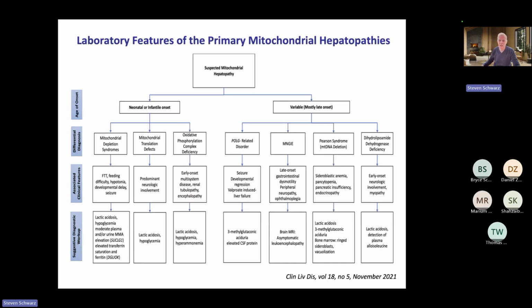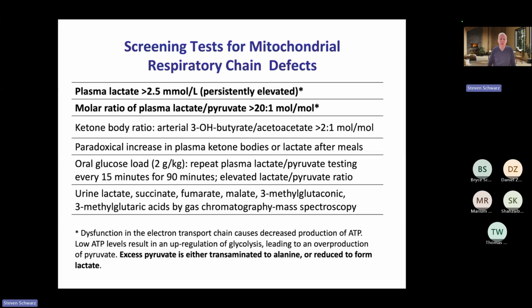And again, here's our friend, the POLG disorder. Again, valproate-induced liver failure. You're likely not going to see this patient until this patient presents with liver failure. Again, the screening, I can't emphasize too much, is a persistent elevation in your plasma lactate, an increase in the molar ratio of lactate to pyruvate, and the ketone body ratio, you get more 3-hydroxybutyrate compared to acetate.